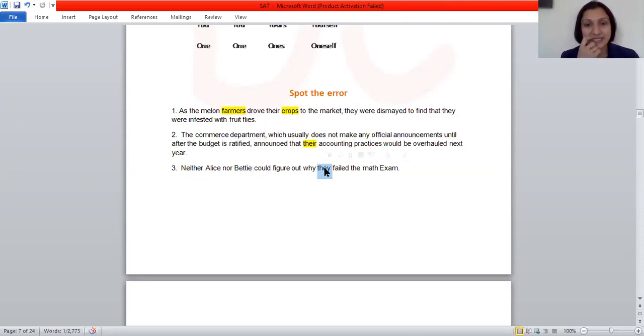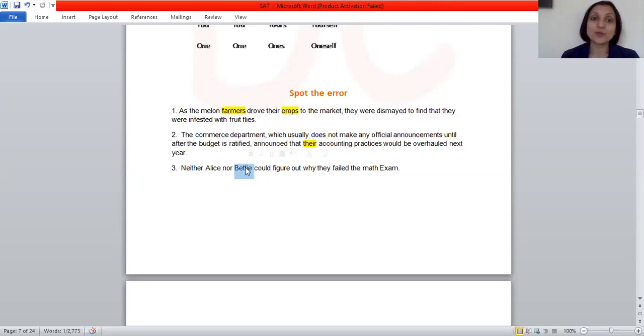They failed the exam. Now, remember when you're talking about subject-verb, we said that what comes after nor is what your subject would look like. So we're talking about Betty in this case. Neither Alice nor Betty could figure out why she failed the exam, because this is who I'm talking about.